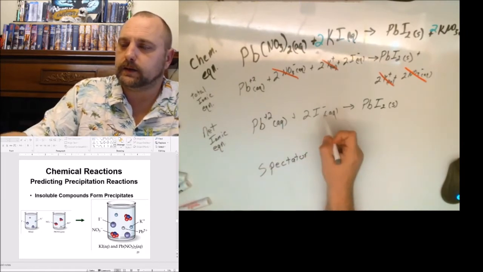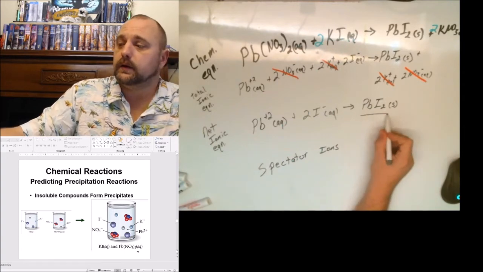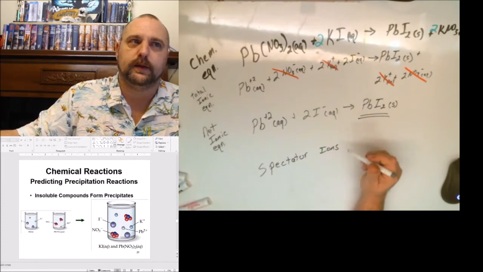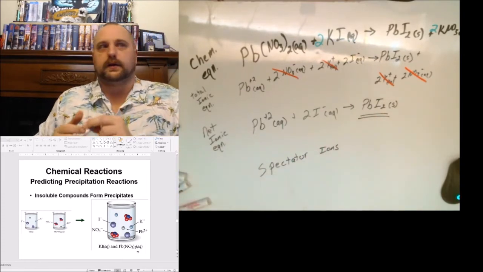This is our net ionic equation. This is what it took to make the solid. Somebody says, how did you make that? It was the lead 2 plus reacting with the iodide. That's our net ionic equation.